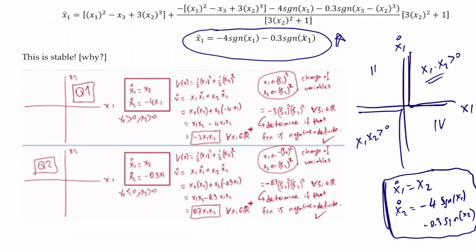Let me also show that with another color, hopefully. Okay, I'm going to use purple. And in the second and fourth quadrants, the dynamical system we have turns into this one, right?